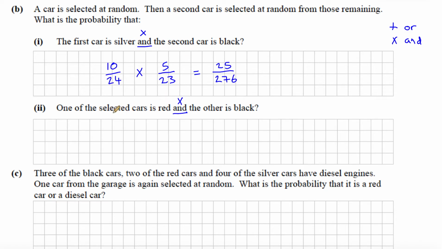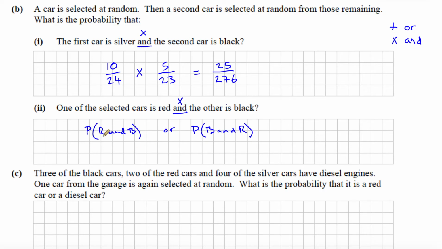Whereas down here it just says that one of the cars is red and the other is black. So we need to work out the probability of red and black, or the probability of black and then red, because it could be either order here because it's not specified.